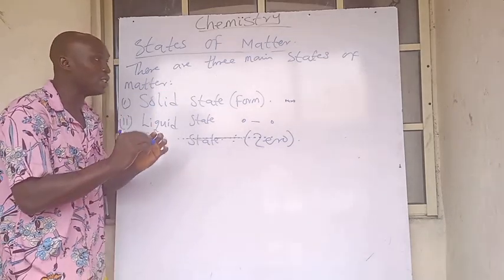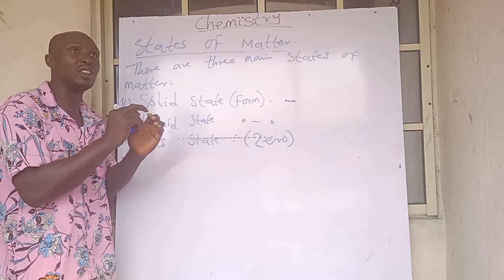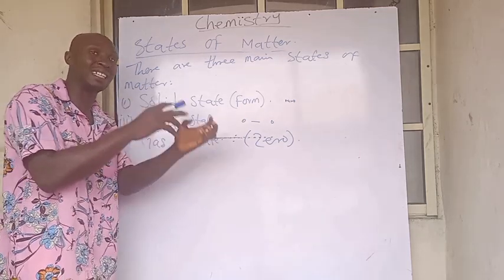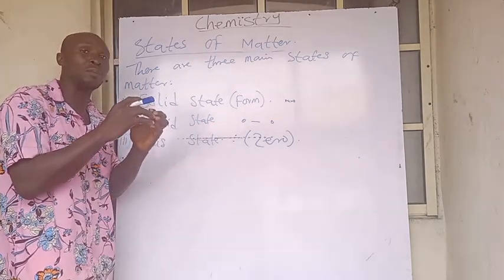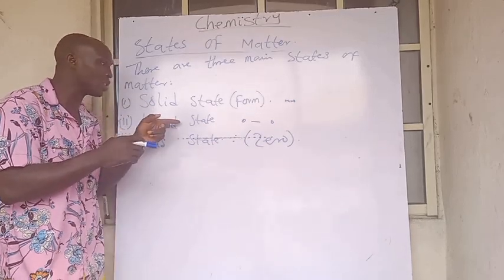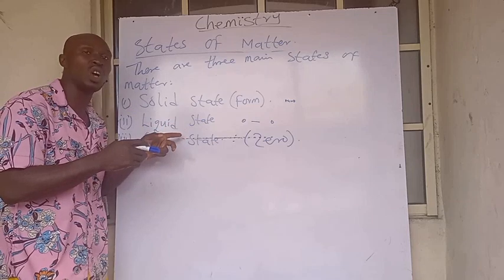That's why you get to see that they begin to have different kinds of shapes, talking about either face-centered or body-centered crystals and so on. But liquid and gas do not have such ability.